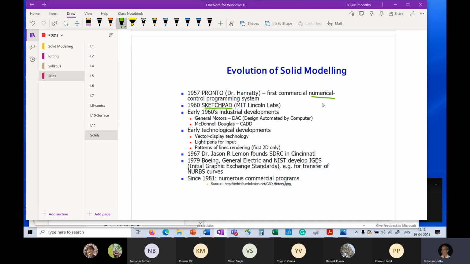The numerical control programming system was primarily to represent volumes that would be removed by machining. And in Sketchpad, the idea was how can the user give inputs to the computer using a more convenient mechanism, and Sketchpad was the outcome of that.